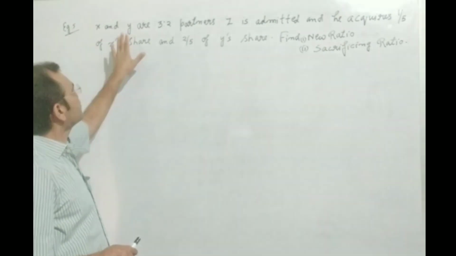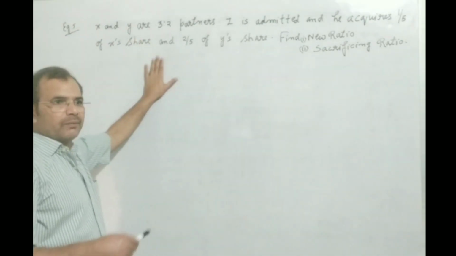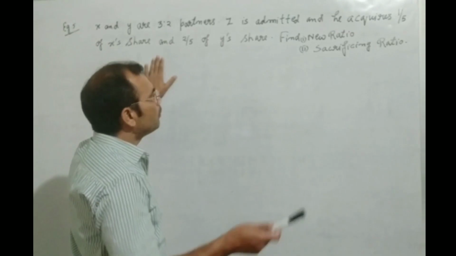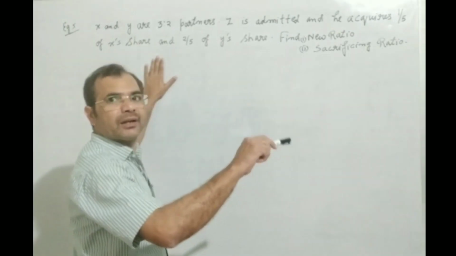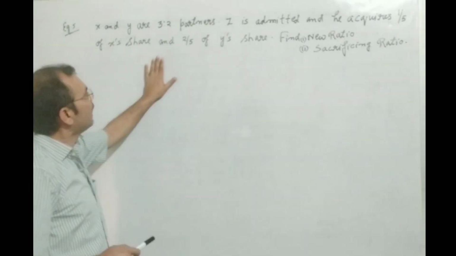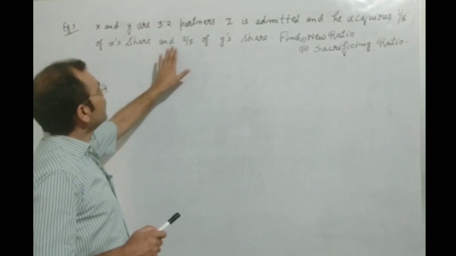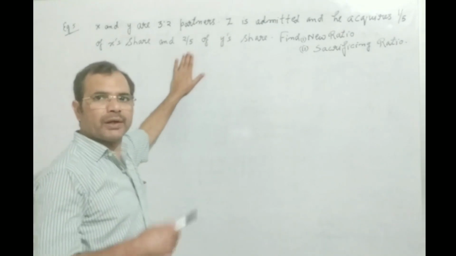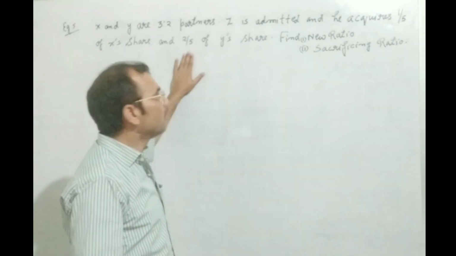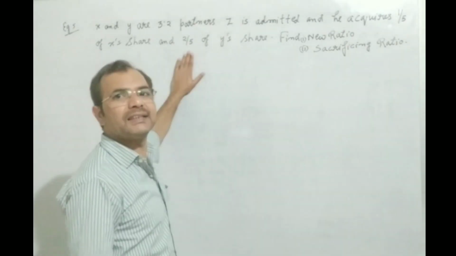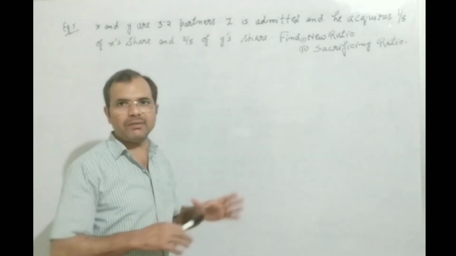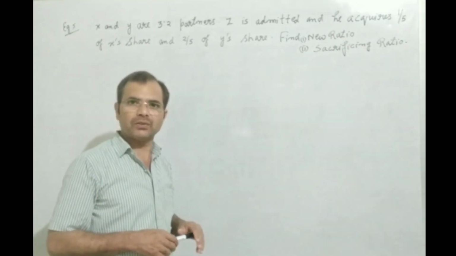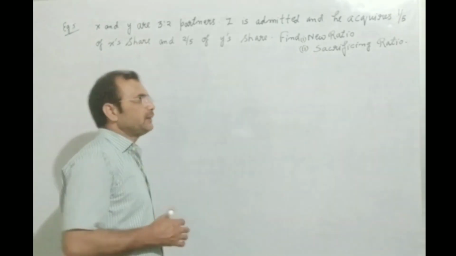Whatever share X is getting, we will find 1/5 of that share. And after that we will see he is also getting 2/5 of Y's share. Whatever the share of Y, we will find 2/5 of it, and after that we will add, and in this way we will solve this question. Let's see.